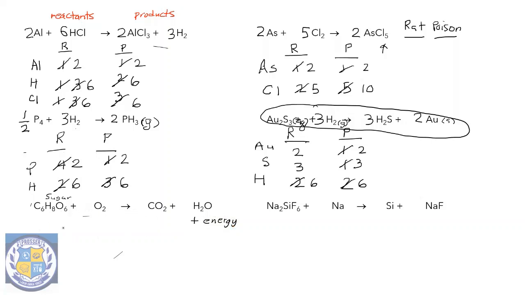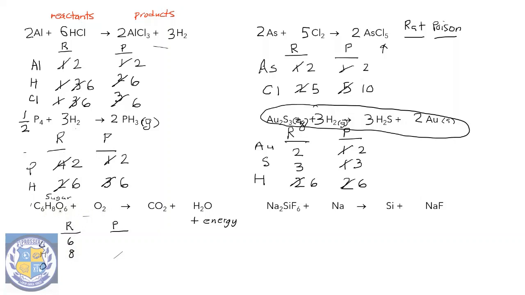Okay, same procedure. We have our reactants and we have our products. We have carbon, hydrogen, and oxygen. On the left, we have 6 carbons, 8 hydrogens, and, this is kind of tricky, we have oxygen in 2 different molecules.